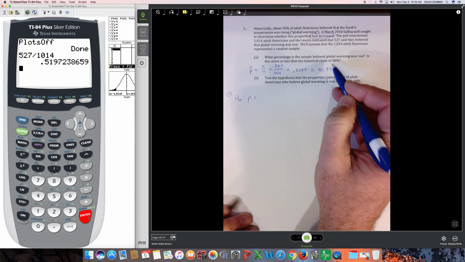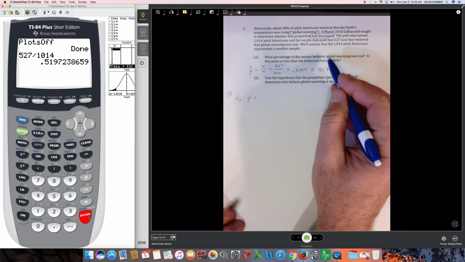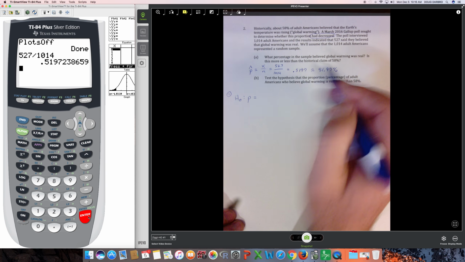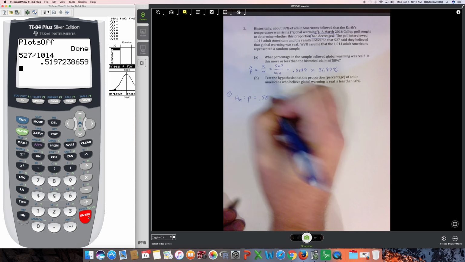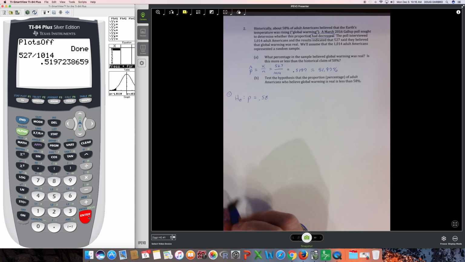I wouldn't even need to do a test of hypothesis for that. But I can. I'm using a sample, 1,014, to test a statement about hundreds of millions. So guys, the value that goes there is the value that describes the population, not the sample.